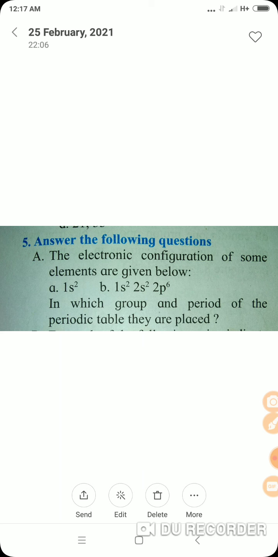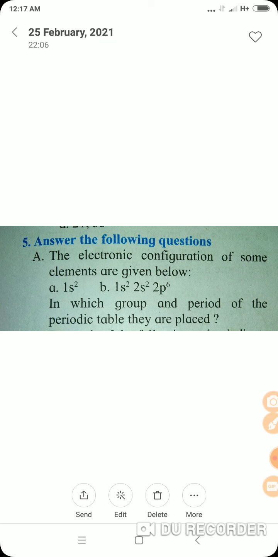And helium, we know, is an inert gas placed in the 18th group of the periodic table, the first element of the 18th group. So 1s2 is the electronic configuration of helium and it is placed in the first period and 18th group of the periodic table.